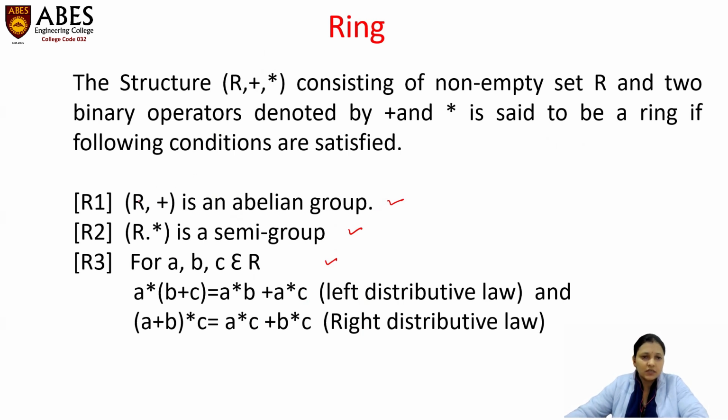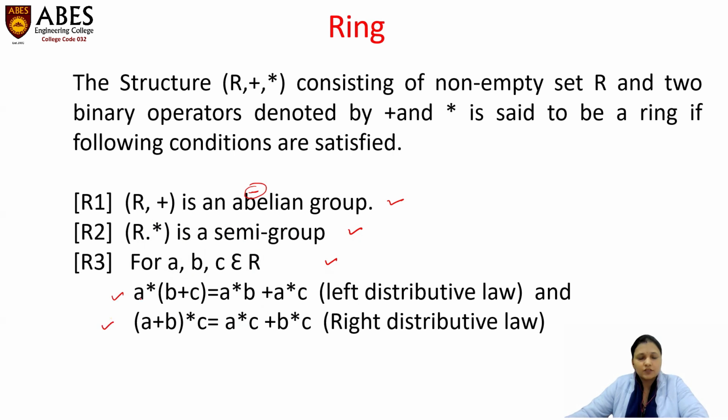The first condition is the set with addition, or the set with the first operator, should be an abelian group. We have already seen what an abelian group is in the previous lecture of this unit. The second condition is the set should be a semigroup with the second operator. We have already checked what a semigroup is in the previous lecture. The third condition is any three elements which belong to the set should satisfy the distributive property.